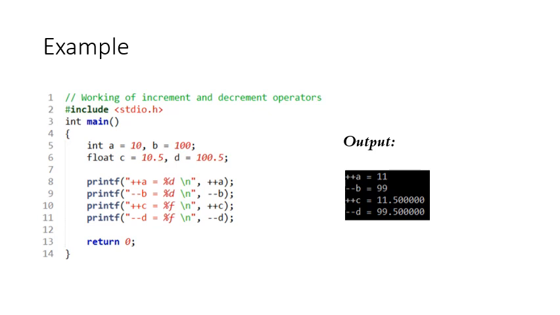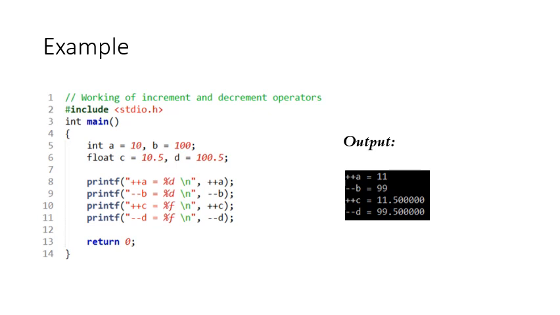In line 9, we want to print the value of minus minus b. In line 10, plus plus c, and in line 11, minus minus d. What are we testing here? We are testing for the pre-increment and also the pre-decrement.